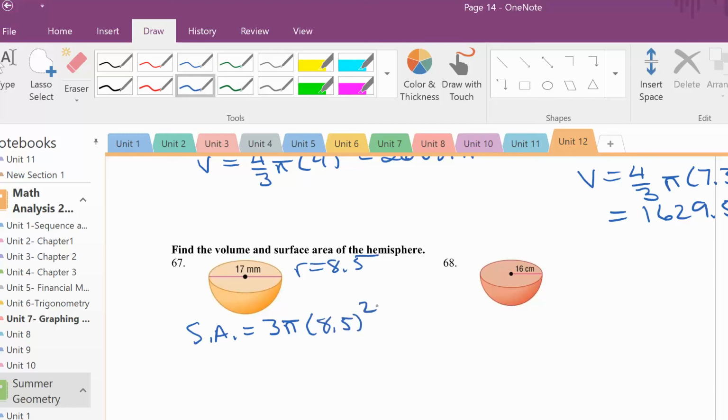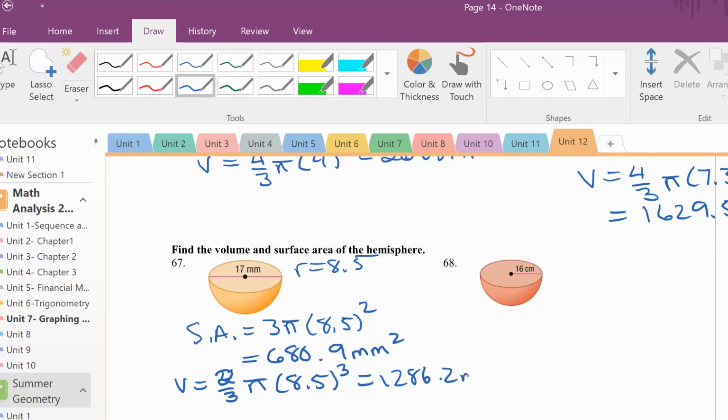So 3 times 8.5 squared, 3 pi, is 680.9 square millimeters. And the volume is 2/3 pi r cubed, which gives you 1,286.2 cubic millimeters.